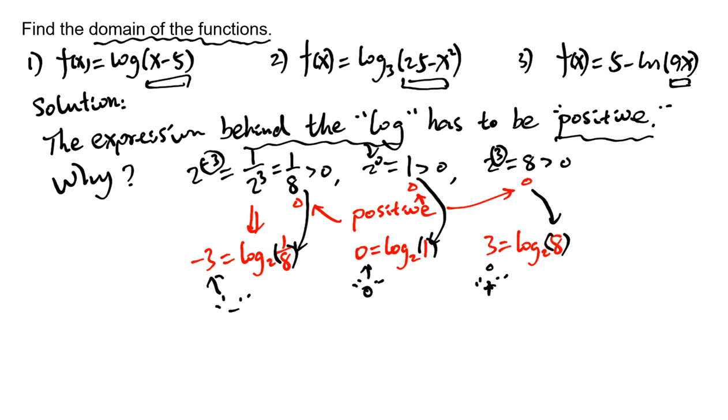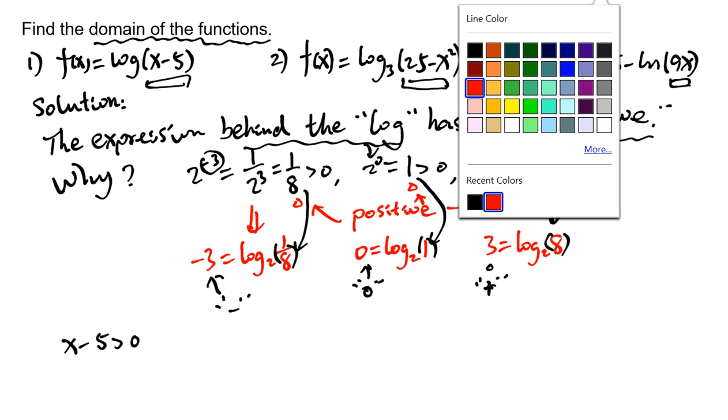Based on that, for the first one, what is the domain then? We should require that the thing behind the logarithm, x minus 5, should be greater than 0.